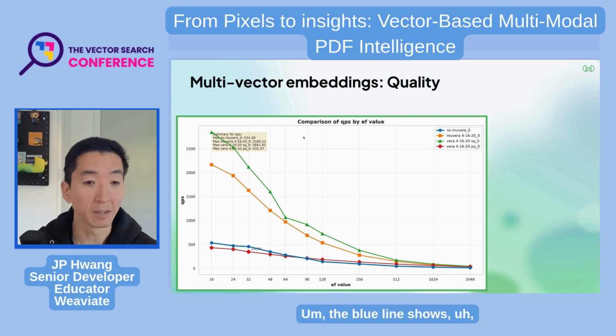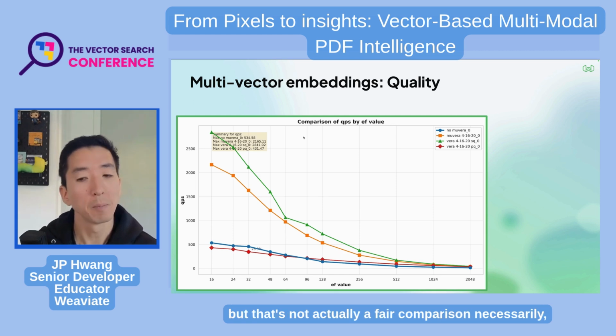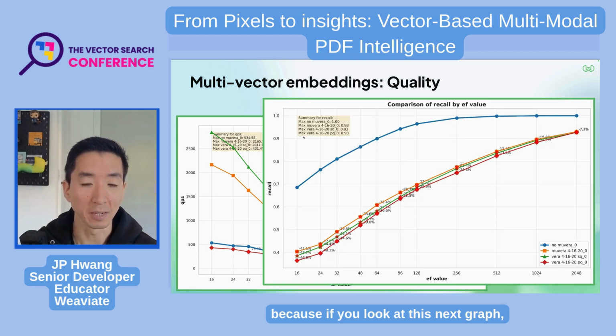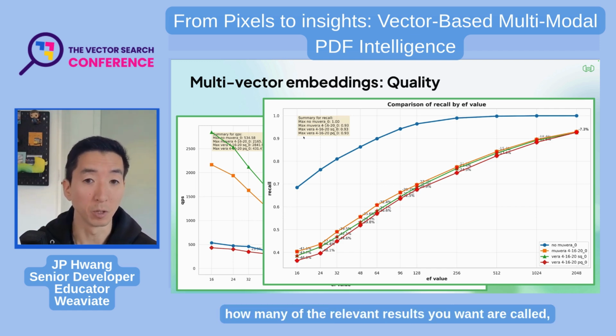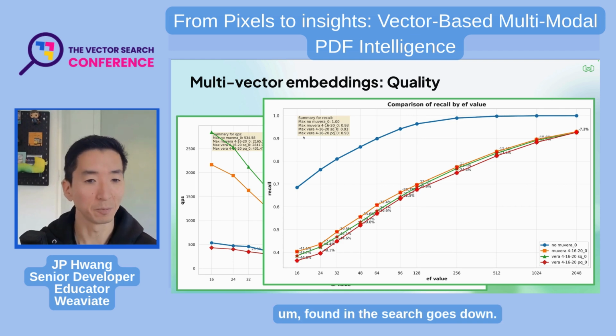The blue line shows the no Movera multi-vector regime, and you can see that it is actually a bit slower than the ones where we applied Movera. But that's not necessarily a fair comparison, because if you look at this next graph, generally the recall, or the search quality, meaning how many of the relevant results you want are found in the search, goes down.